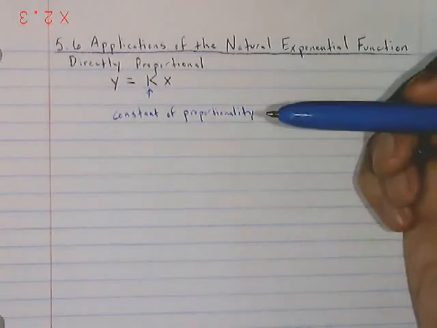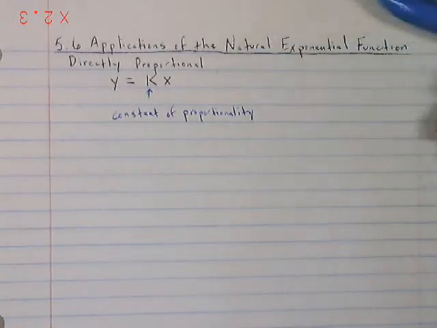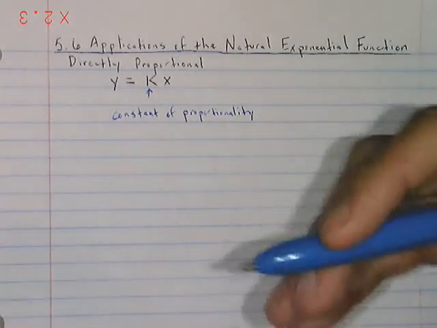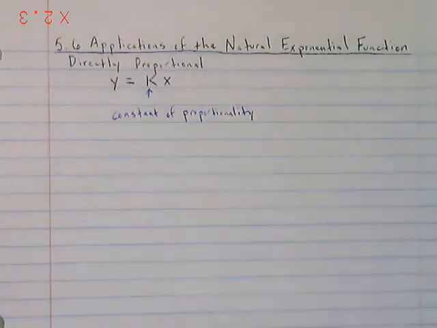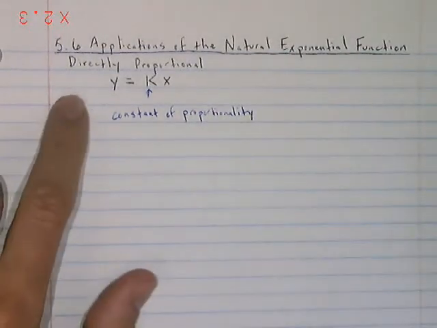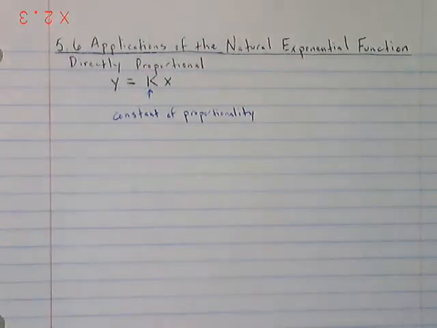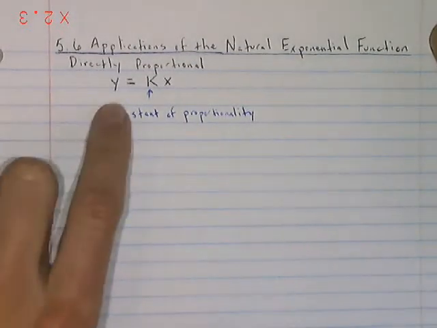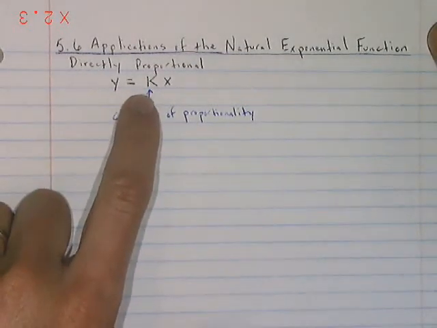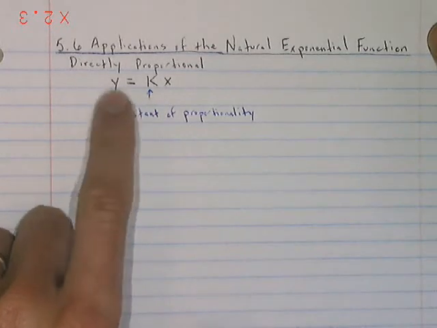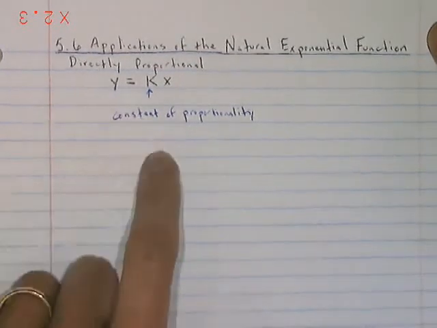Money is another good example. As money compounds, the more money you have, the more interest you earn. And so we have a sense that there are very real world examples where the rate of something changing depends directly upon how much of that thing we have.